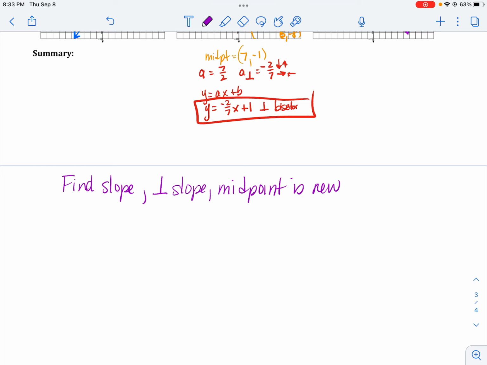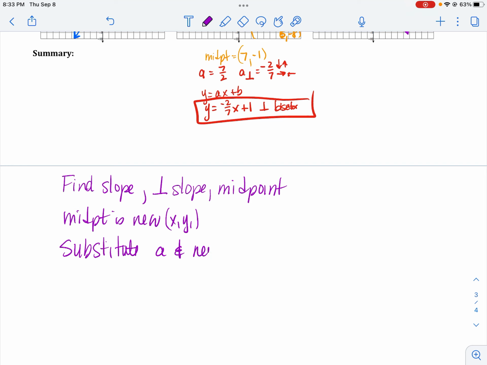Our midpoint is the new x1, y1, and then substitute a and the new x1, y1 into y equals a times x minus x1 plus y1, and graph.